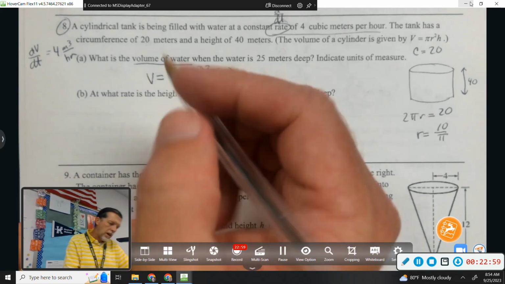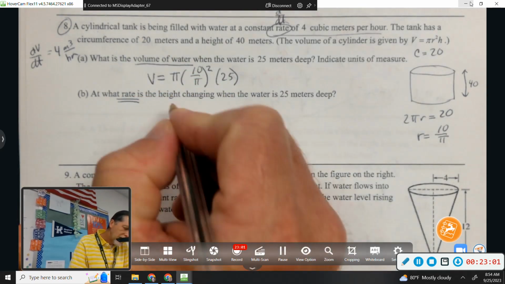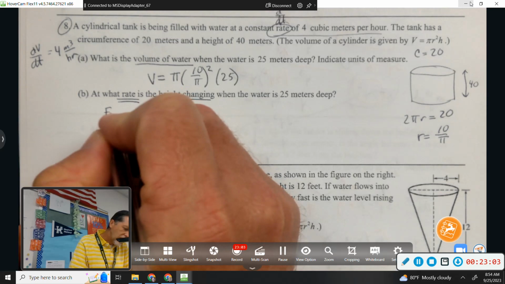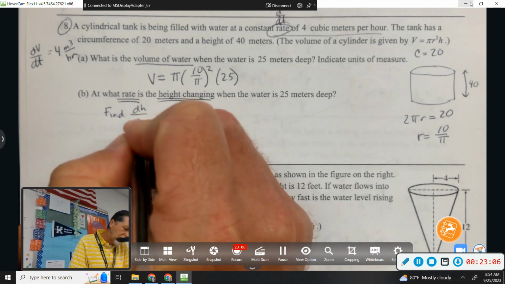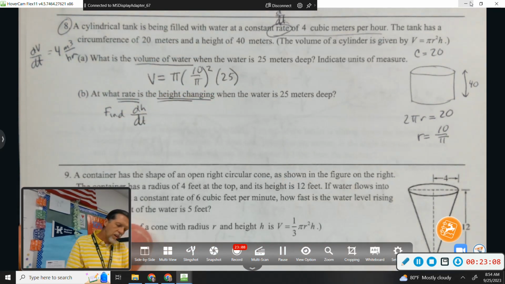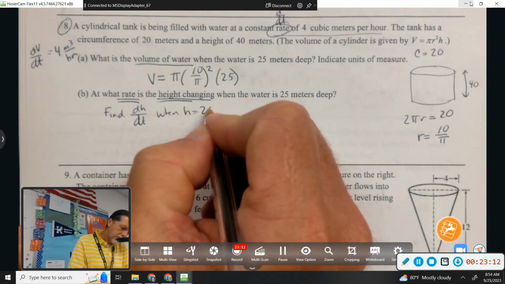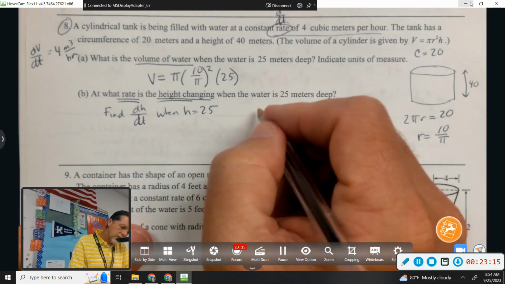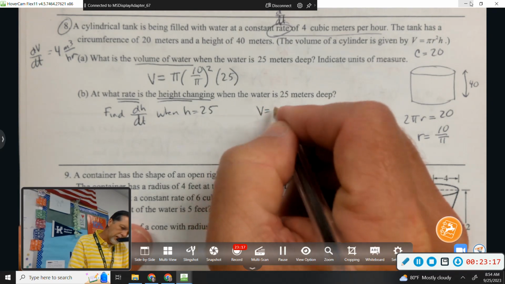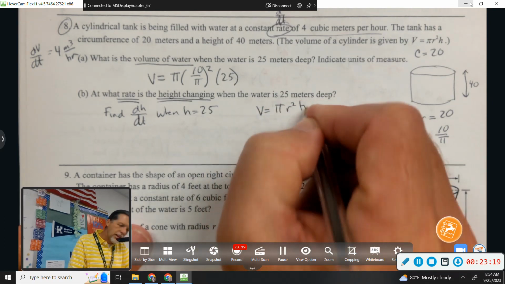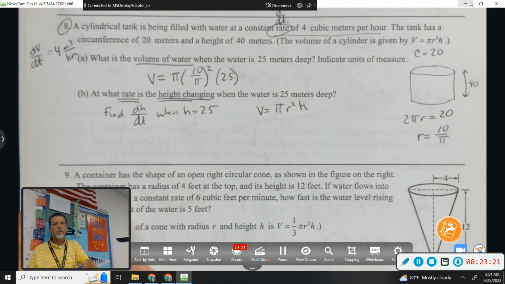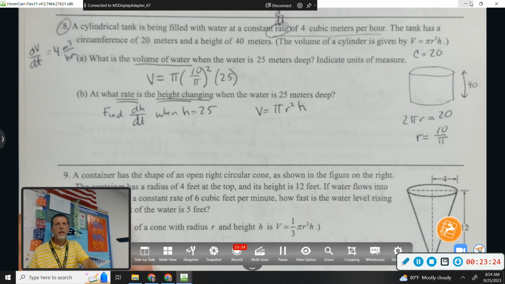Part B. At what rate is the height changing? So find dh/dt when h is 25. V is pi r squared h. Okay, so I need to take a derivative to make dh/dt show up.